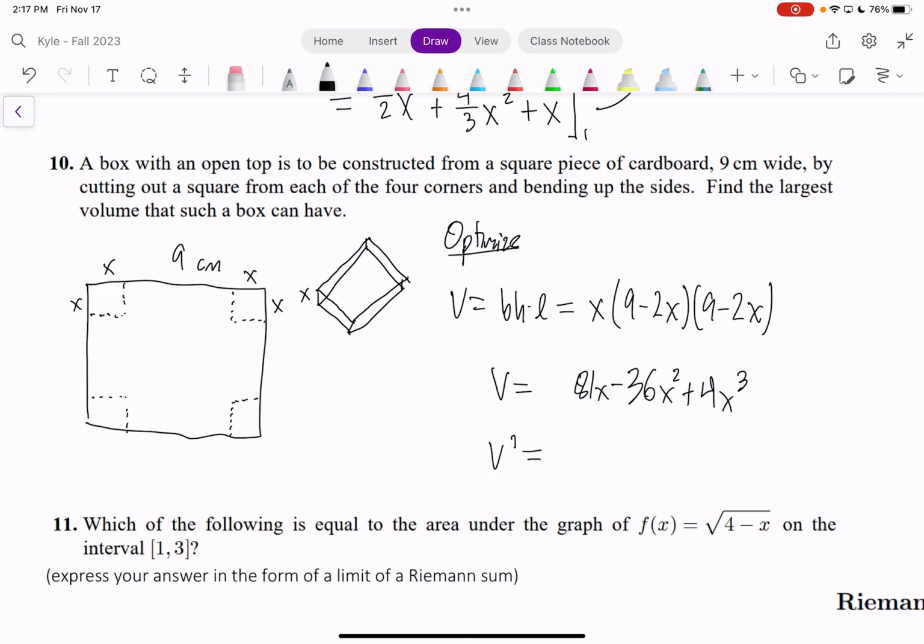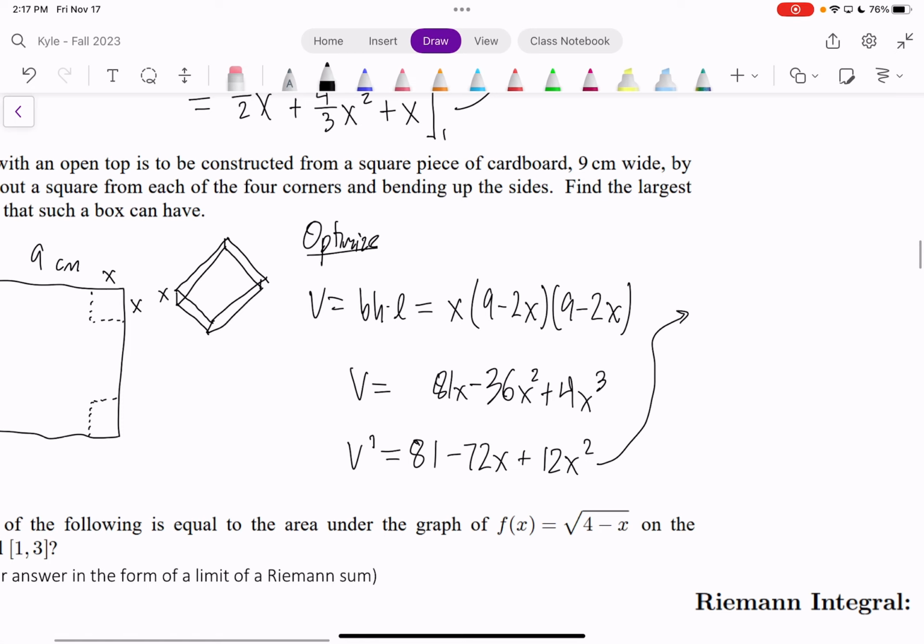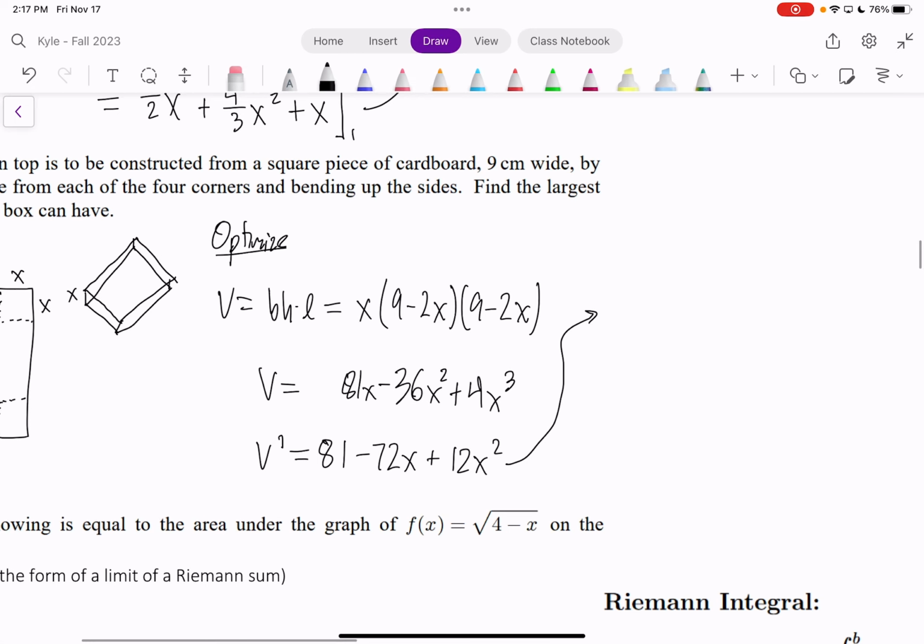We'll take a look at V prime, which is equal to 81 minus 72x plus 12x squared. We're going to want to solve this quadratic. This one might be factorable, but we'll just use the quadratic formula.